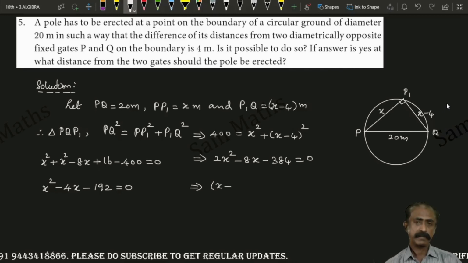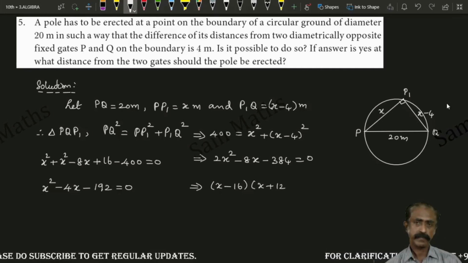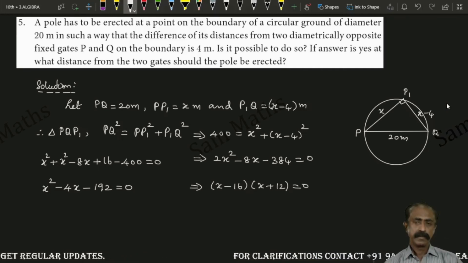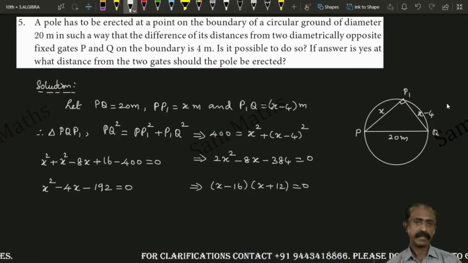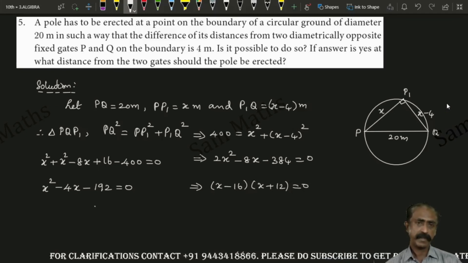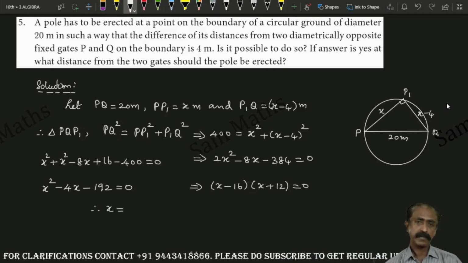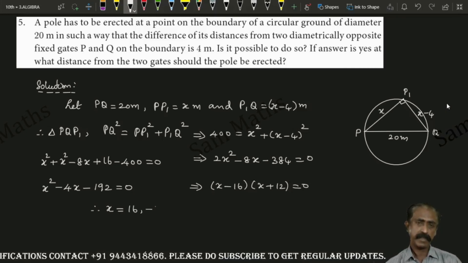It's minus 16 and plus 12. You take the addition, we are getting minus 4. Take the product, we will get minus 192. Therefore, we are getting x is equal to plus 16 comma minus 12.